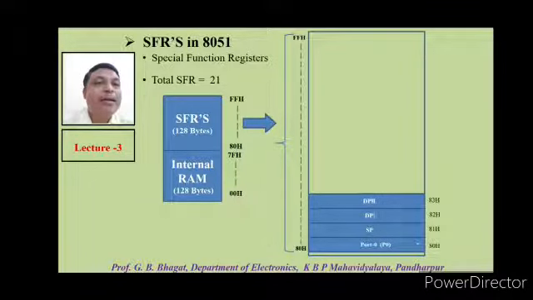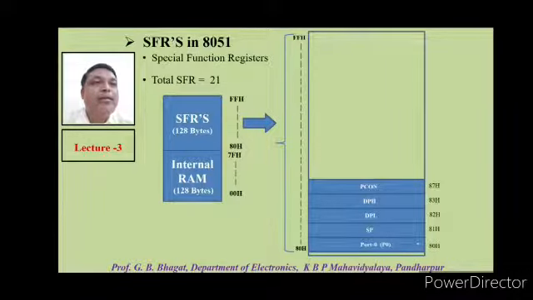The next, there is another SFR at address 82, that is DPL. Here at the address 82 and 83H, these 2 bytes are for the data pointer register, but the data pointer is divided into 2 8-bit registers, that is DPH and DPL. The next, there is another SFR, that is PCON, power control register, having address 87H.